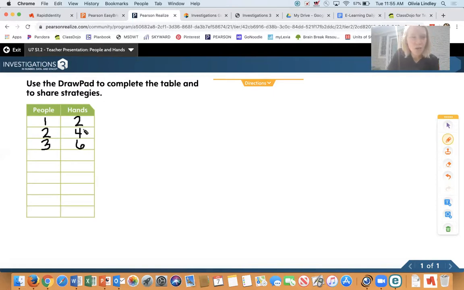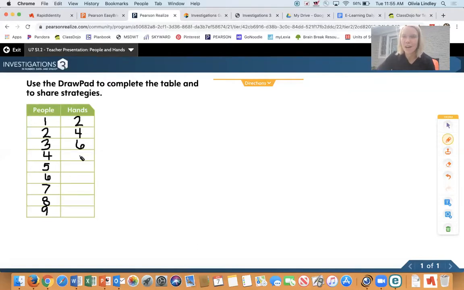If you notice over here in our people, we are only adding 1 each time. So I could go ahead and add 4, and then our next number would be 5 and 6 and 7, 8, and 9.